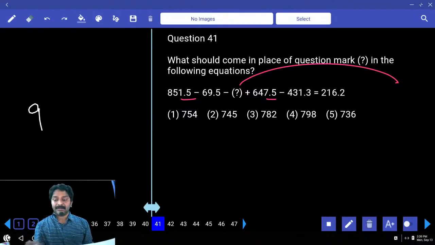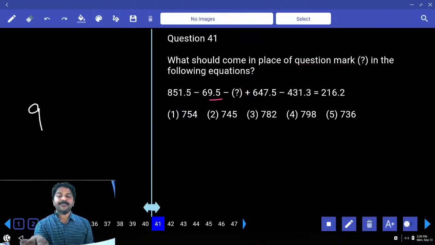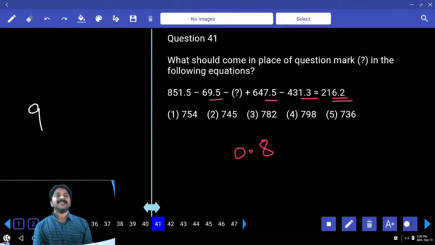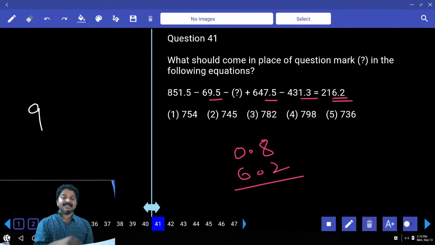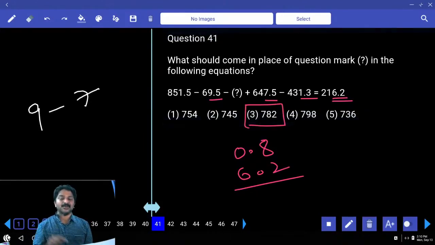Now count negative numbers. 9.5, 1.3, 10.8, that is 0.8. Are you clear? 0.8. And right hand side number, when it comes to left hand side, it becomes negative only. That is 6.2. Total 7. From 9, if you subtract 7, answer must end with 2. Third option final. Is this clear?